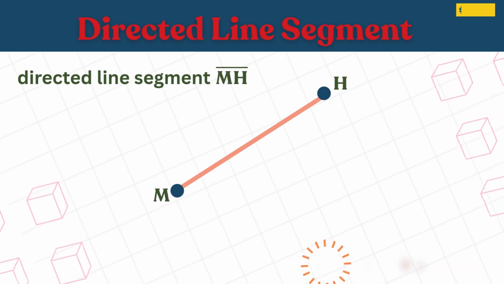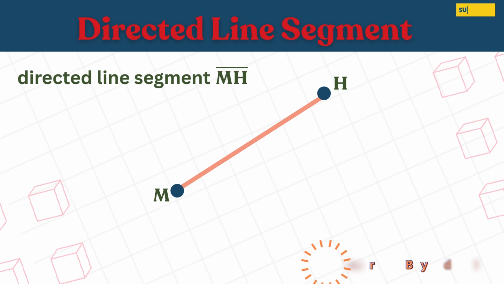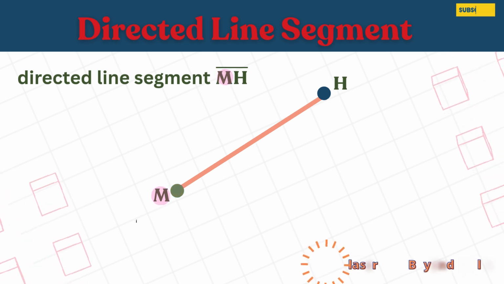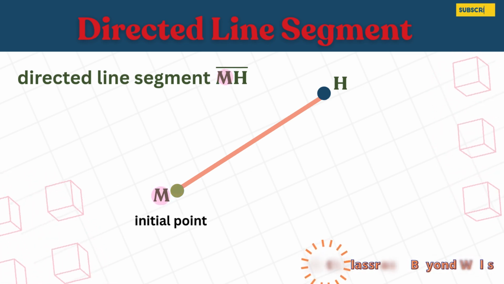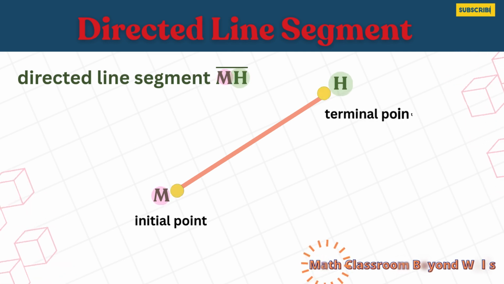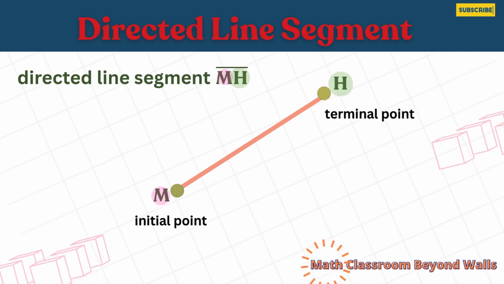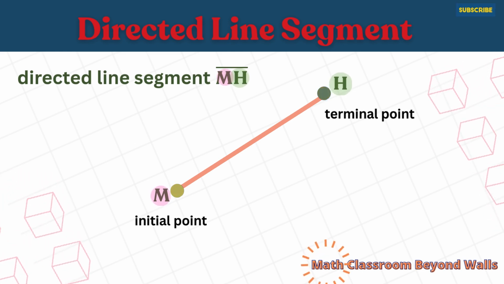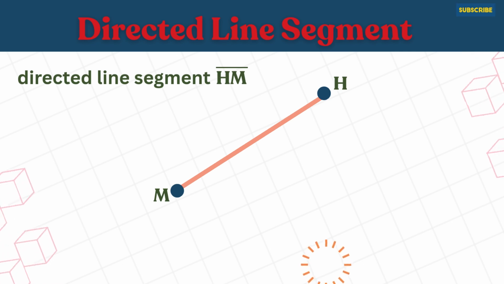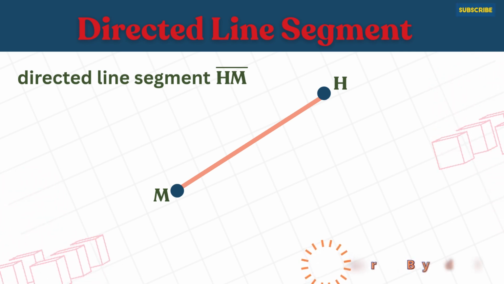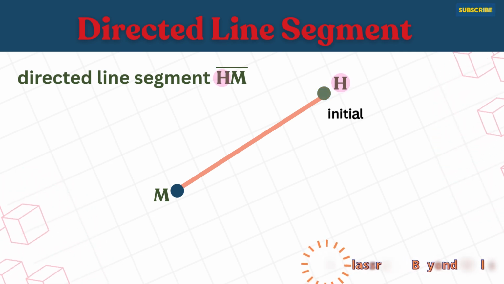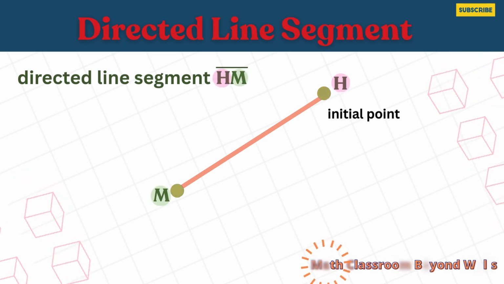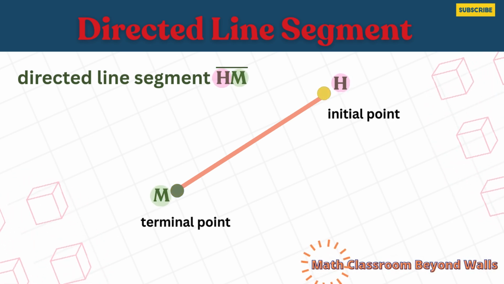For the directed line segment MH shown on the diagram, point M is the initial point and point H is the terminal point. Because directed line segment MH has direction, it is different from directed line segment HM. For the latter has H as its initial point and M as its terminal point.